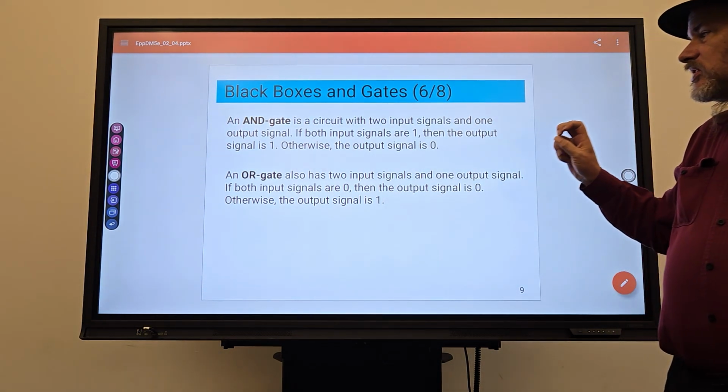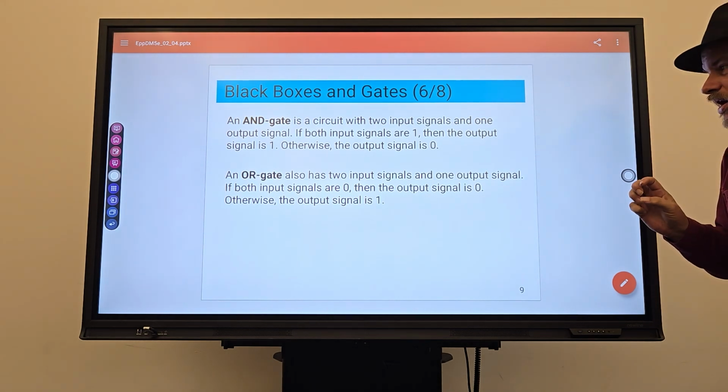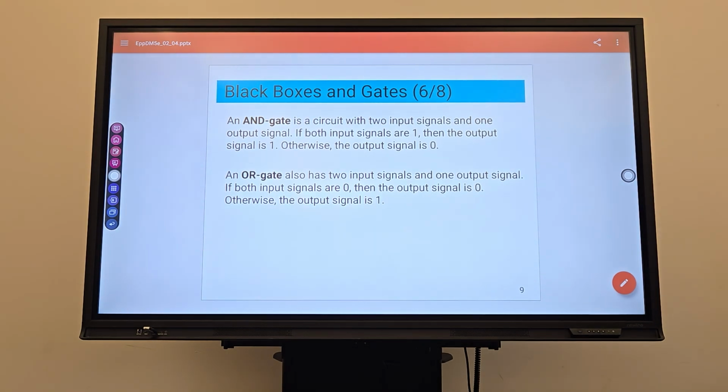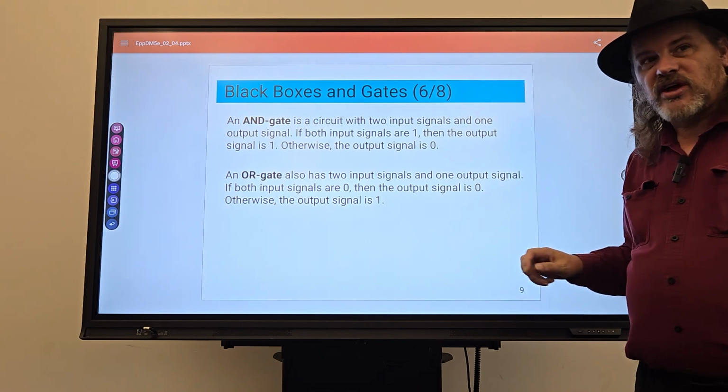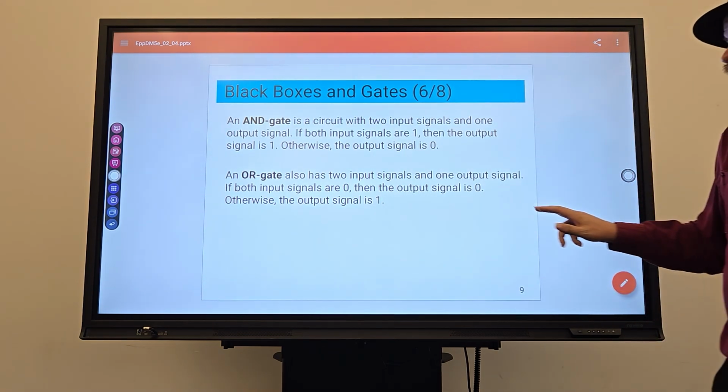An OR gate is a 2-input signal device as well. It has 1 output. If both signals are 0, then the output signal is 0. Otherwise, the output signal is 1, just like the OR logic operator.